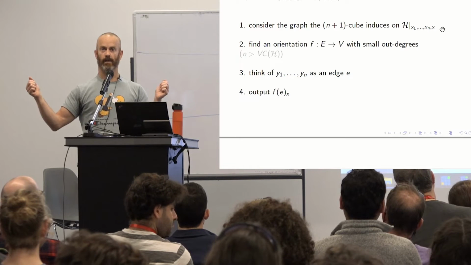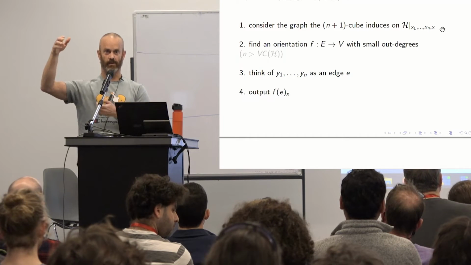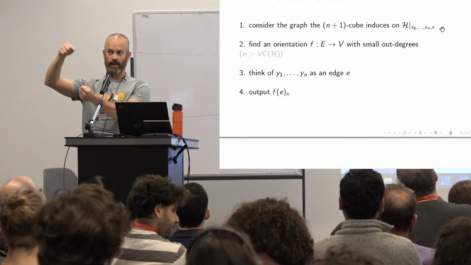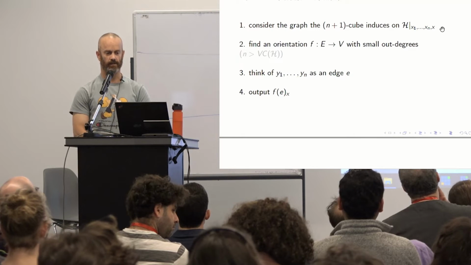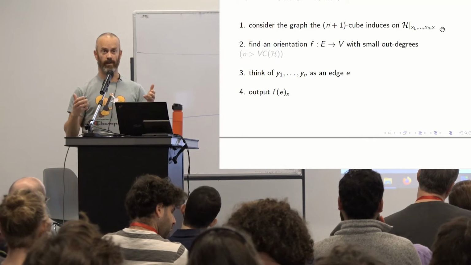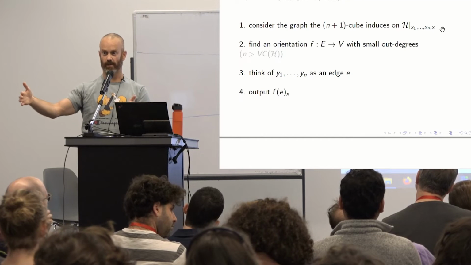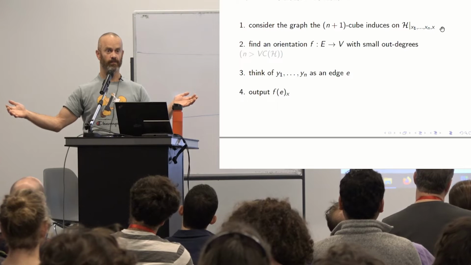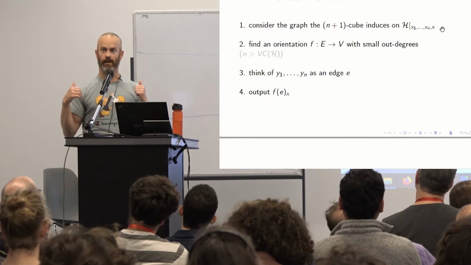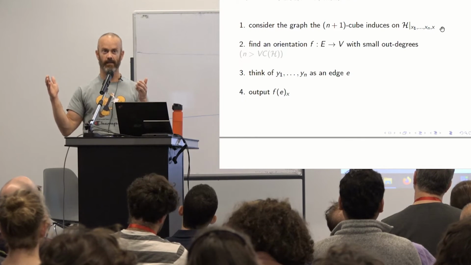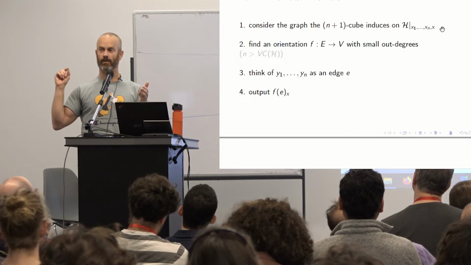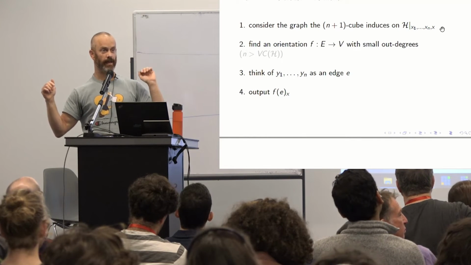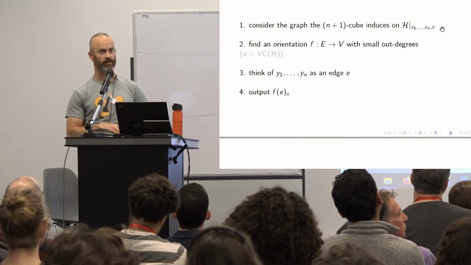The Boolean cube has a natural graph structure where 2 vertices are connected if they differ in a single entry. This is the standard graph structure. So we look at the graph that the Boolean cube induces on this vertex set. So we built a graph from the data. And this graph depends on the x's, but does not depend on the y's we saw. It depends on H, yes. H tells us what the vertices of this graph are.